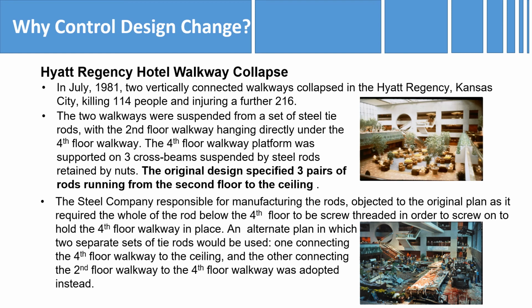An alternate plan in which 2 separate sets of tie rods would be used, one connecting the fourth floor walkway to the ceiling and the other connecting the second floor walkway to the fourth floor walkway, was adopted instead.